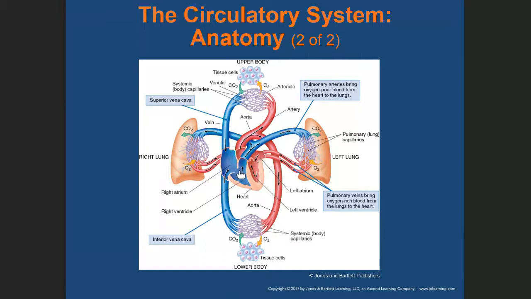However, the right ventricle is damaged. In other words, the patient has had a heart attack on the right side, specifically the right ventricle, so it's no longer able to carry out its function effectively. What do you think would happen?